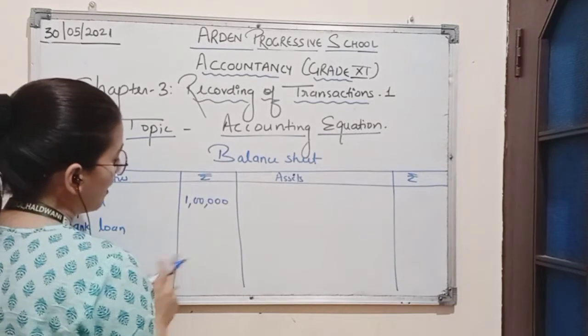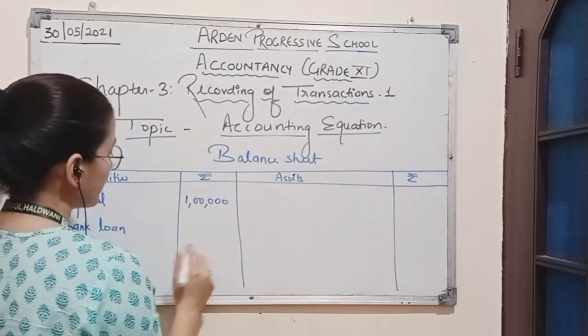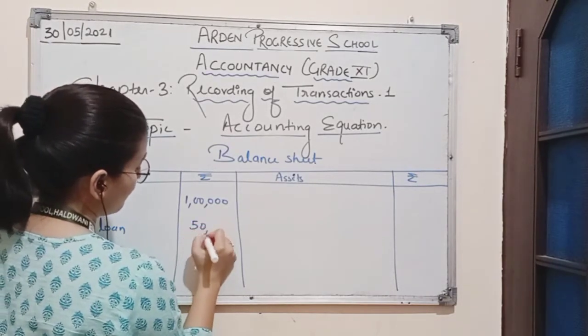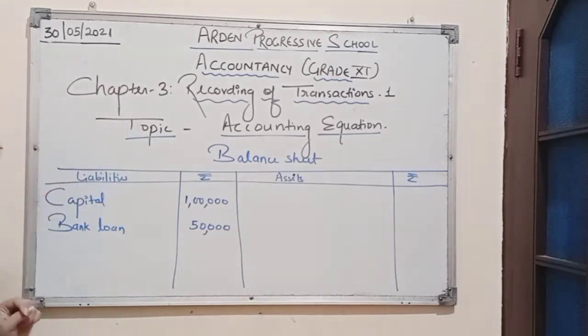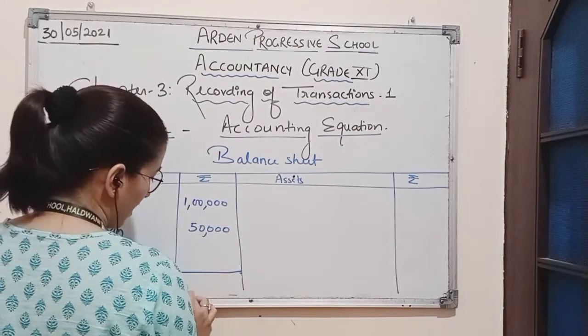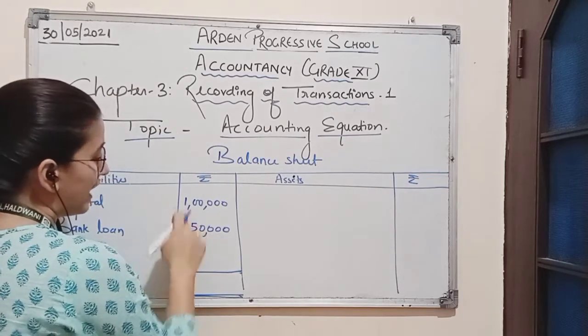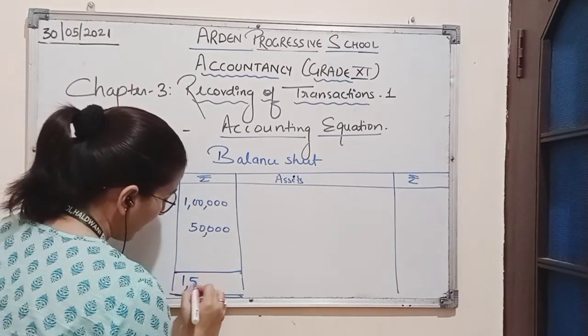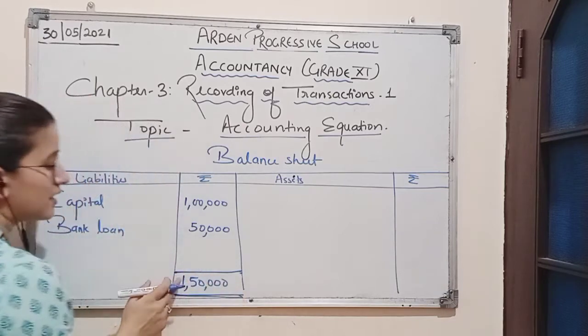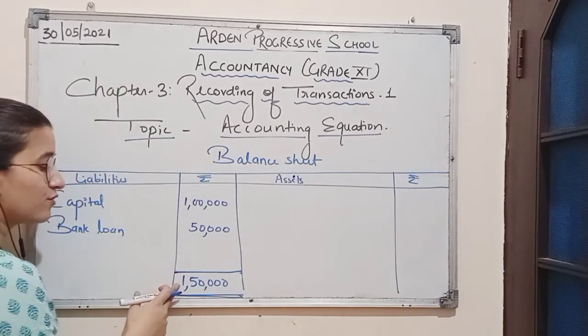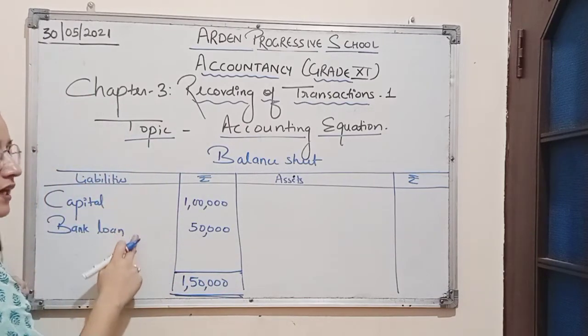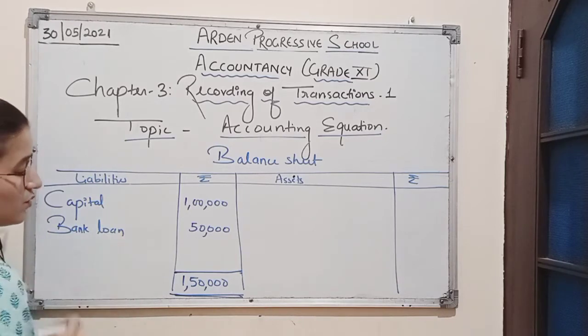Let's suppose the amount borrowed from the bank is 50,000. So the total liabilities of the business firm will be 1 lakh plus 50,000, which is 1 lakh 50,000. This amount will be paid by the business firm either to the proprietor or to external users.